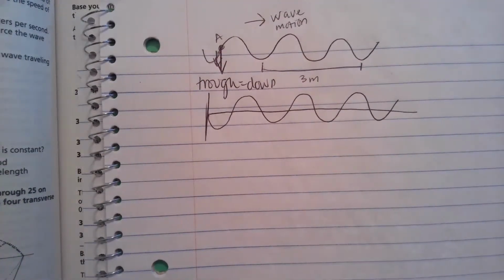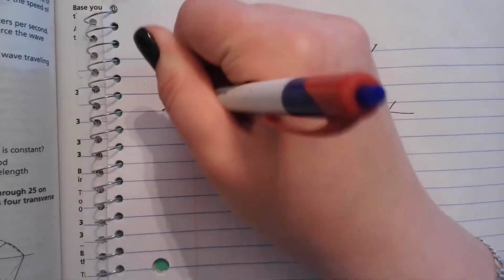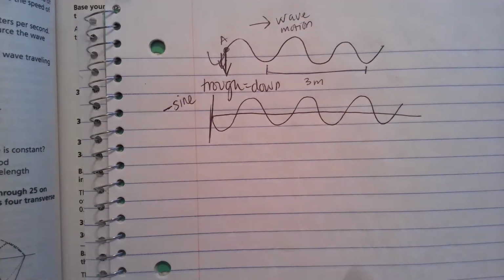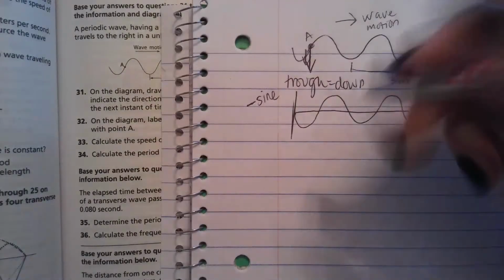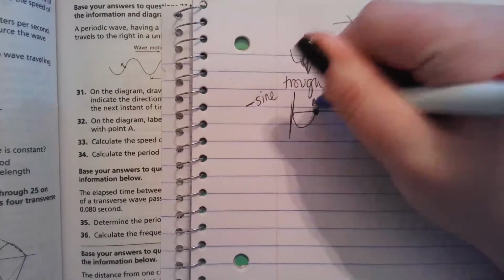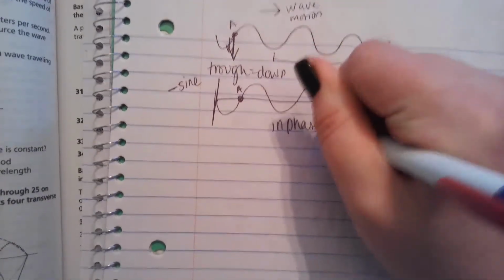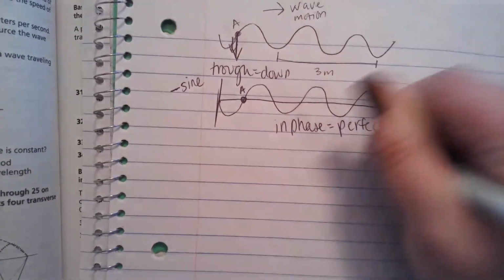I know we always talk about sine, but it says a crest, so this is just like negative sine. That's why you see the inversion over the x-axis. So at point A, I'm right here, and I'm looking to be in phase. So in phase means perfect overlap or perfectly aligned.